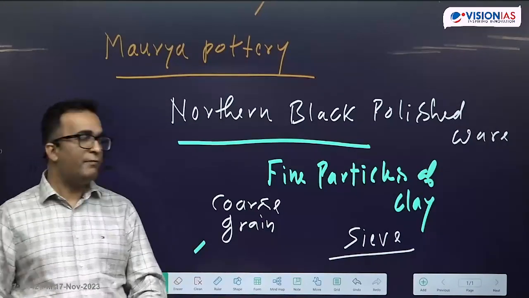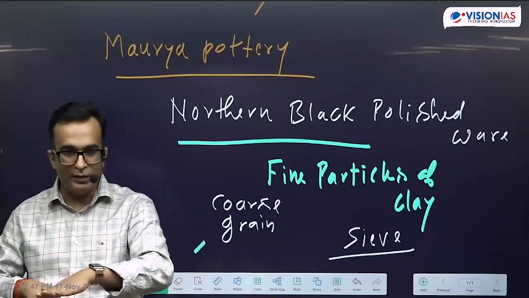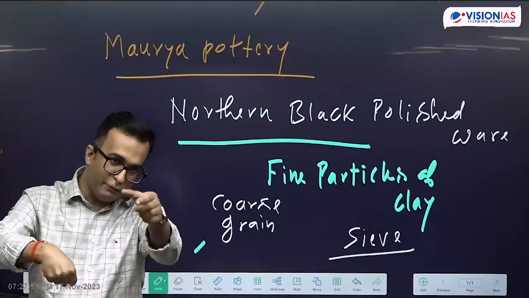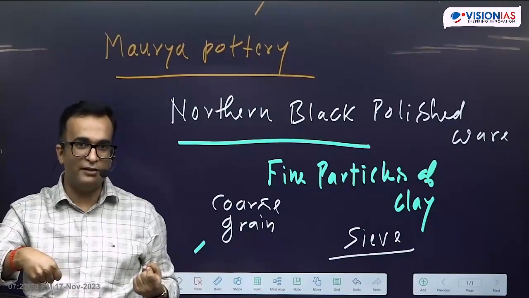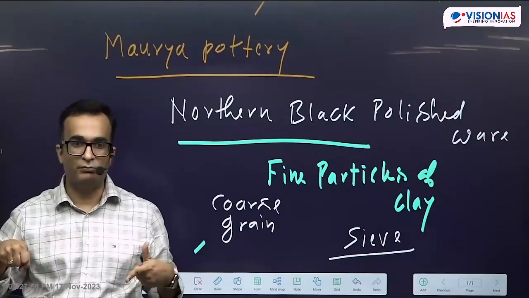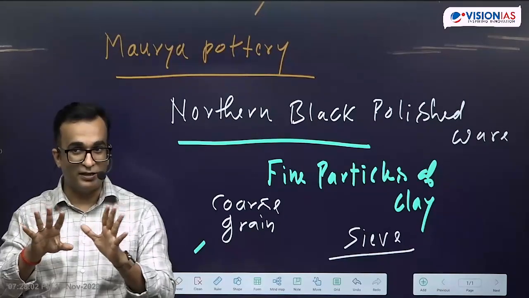Now, the problem with clay with coarse grain, understand, the same process: wheel, lump of clay, you put your hand, and if you start running the wheel at a high speed, what will happen to your hand? It will be cut by the concord. The whole hand will be cut, nothing will be left.